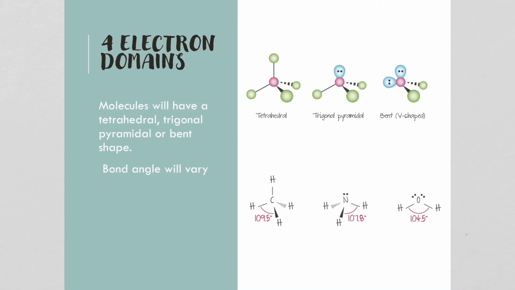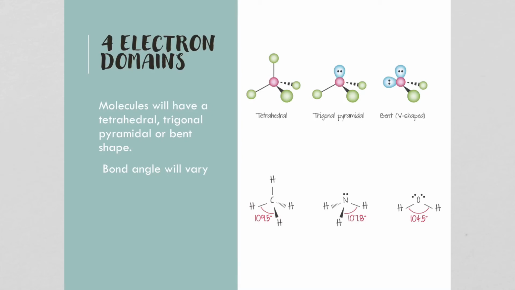To show electron pairs going into and out of the page, this is showing that this hydrogen is going into the page, and this one is coming out. So it actually has a 3D tetrahedral shape. That's methane, and its bond angles are 109.5 degrees.